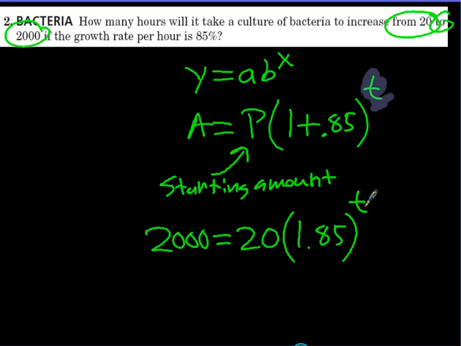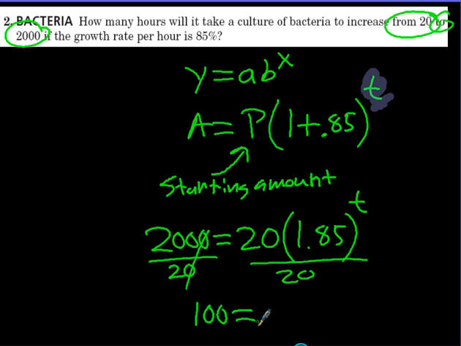So now I'm going to solve that equation for t. So first step, of course, divide by 20. Trying to get t by itself. That 0 is going to go, and so I have 200 over 2. That's going to be 100. And now I have 1.85, don't need the parentheses anymore, to the t.